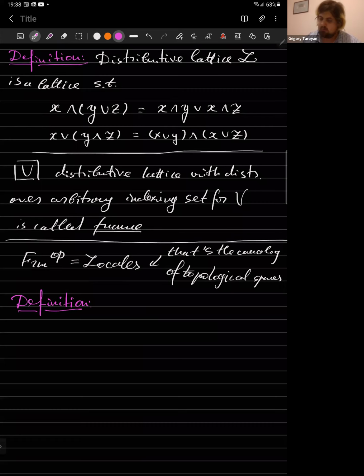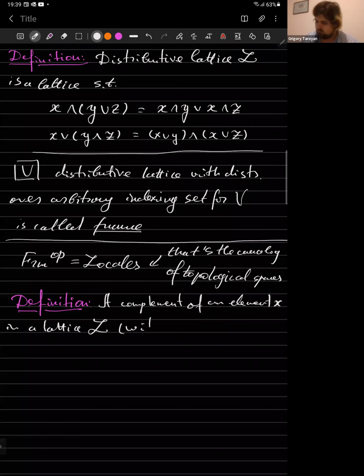Definition. Complement. Now, the complement of an element X in the lattice L with 0 and 1 is also an element in the lattice such that its intersection with X is 0 and its union with X is 1.